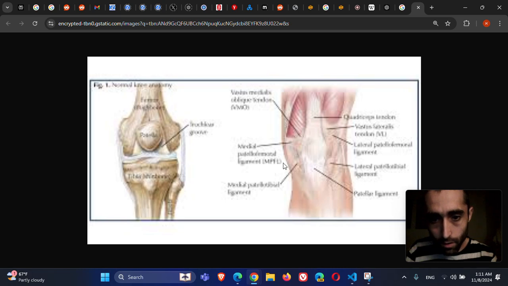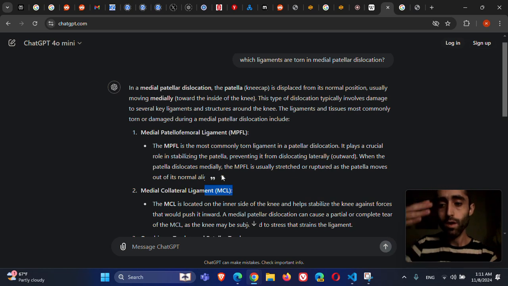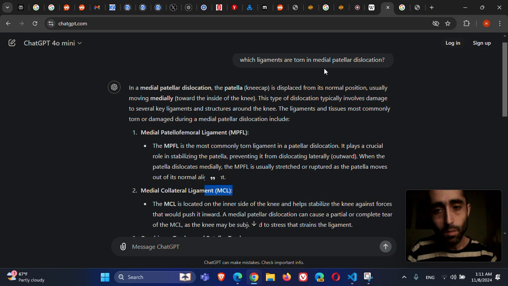Again, it's very rare, so it's very hard to understand. And when you ask GPT-4o mini, it tells you MPFL, MCL, which is not true. Those are the medial side ligaments, so they are torn when the patella is dislocated laterally. When we are talking about medial patellar dislocation, this is not what will be torn.